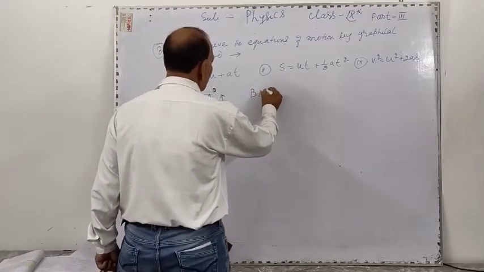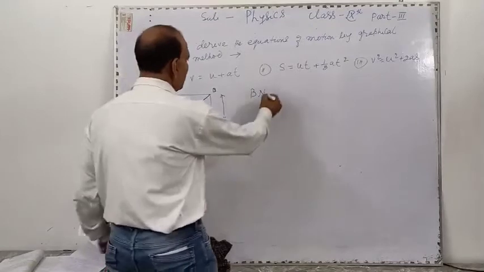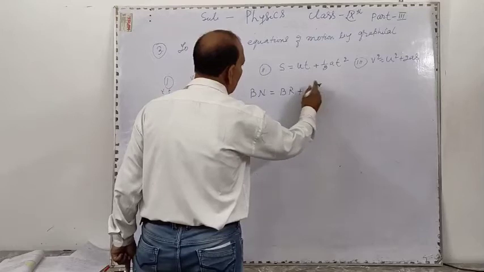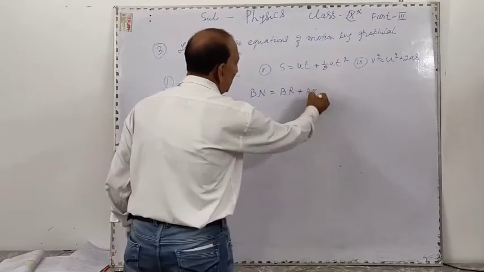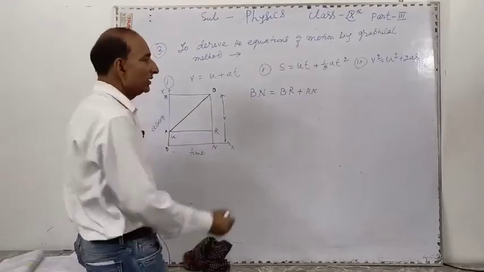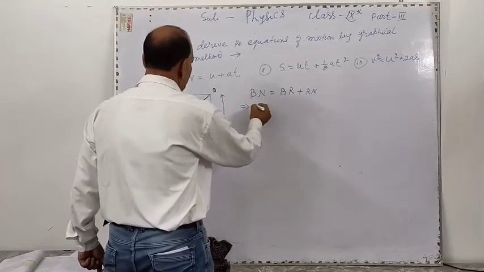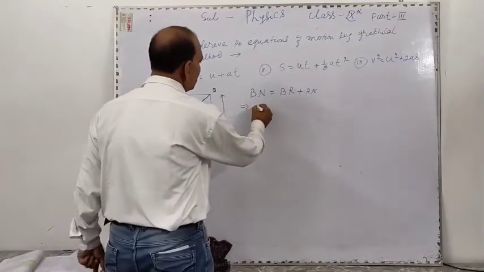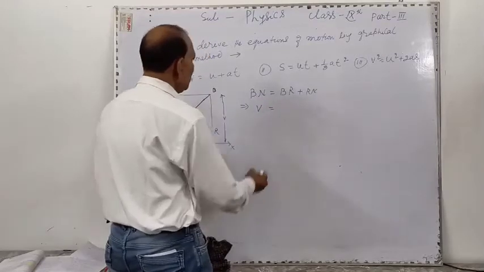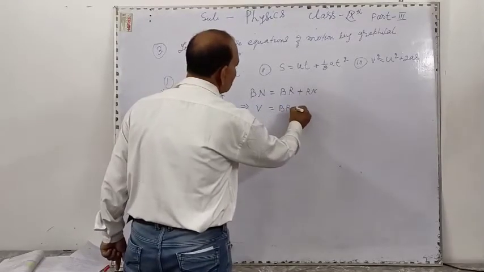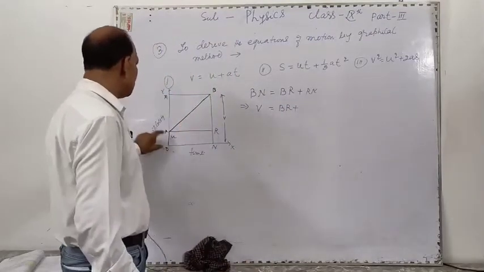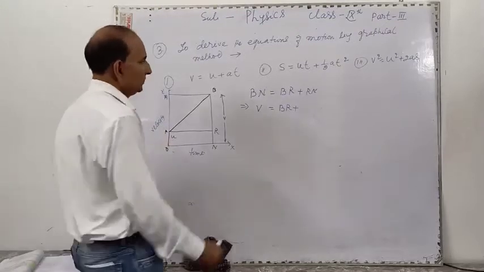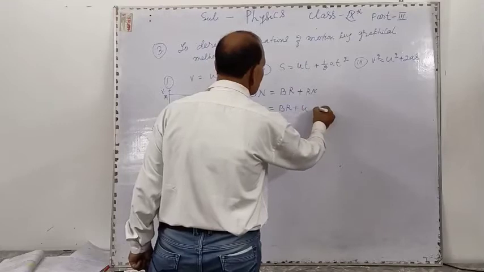From the given figure, BN is equal to BR plus RN, which represents the final velocity, that is v, is equal to BR plus RN, which is equal to OA, which represents initial velocity u, that is v is equal to BR plus u, equation first.